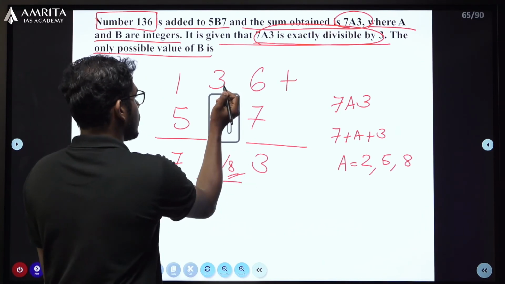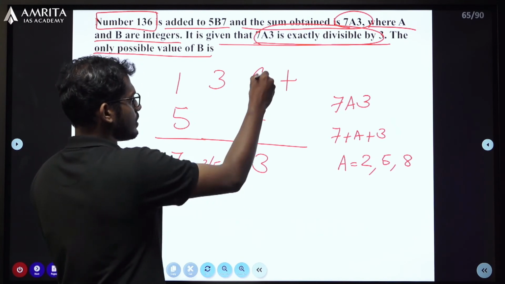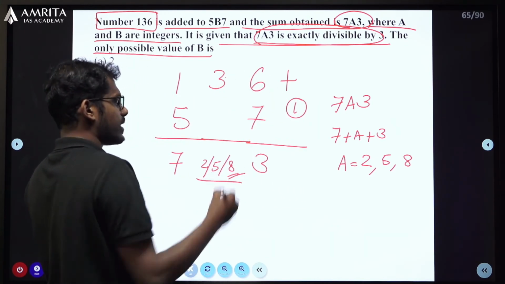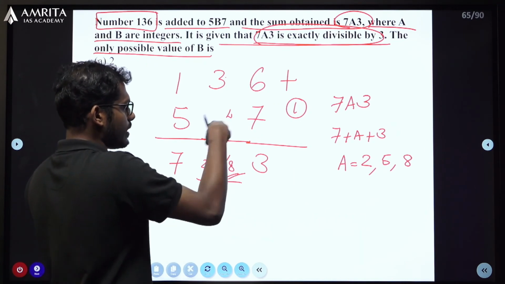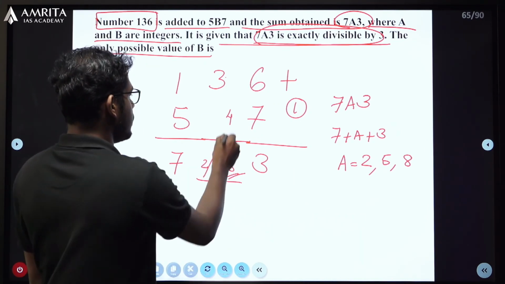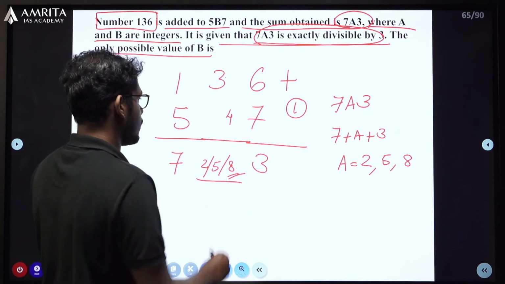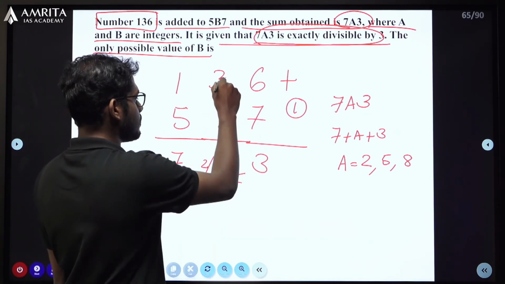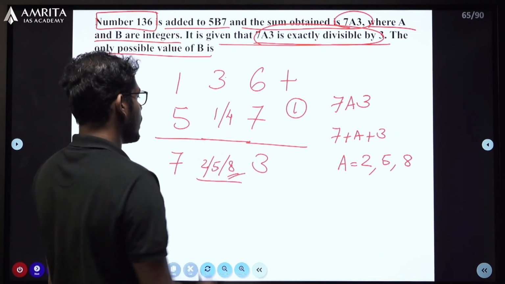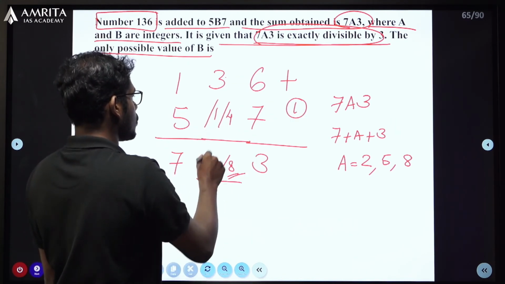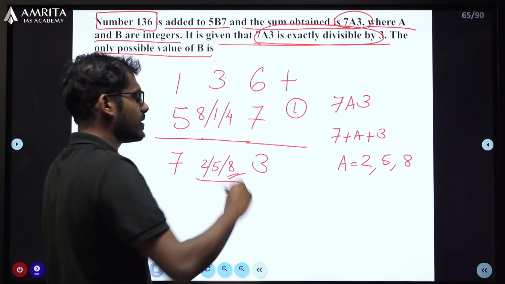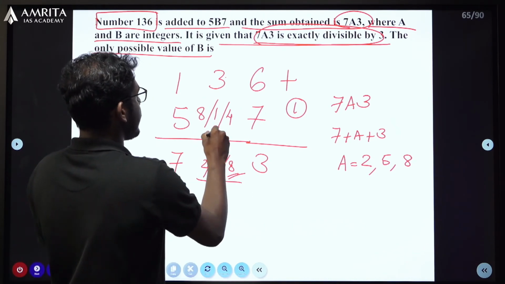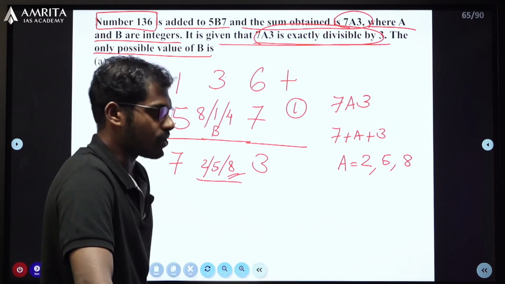But sorry, here also a remainder is there. 7 plus 3 is 13, remainder 1. So 3 plus 1 is 4. If 8 is to get here, then 4 will come here. For 5, then 1 will come here. For 2, 3 plus 1 is 4, 8 will come here. So the value of B can be 8 or 1 or 4.